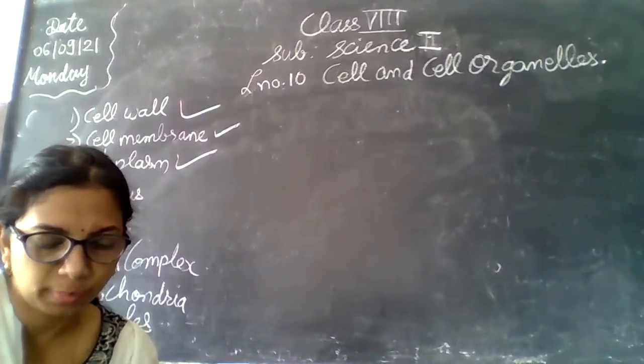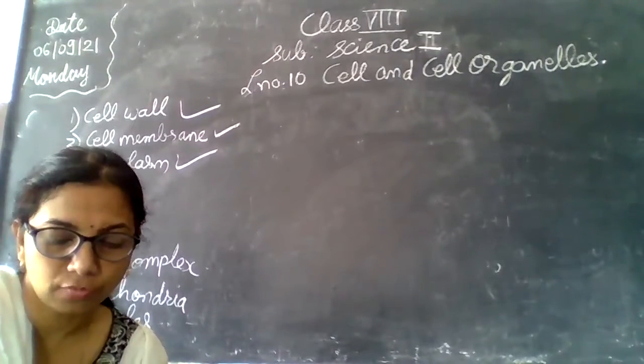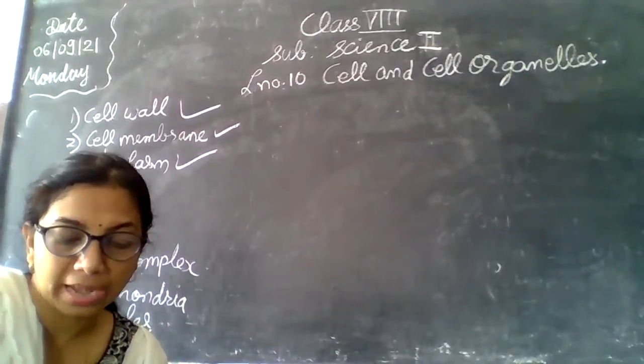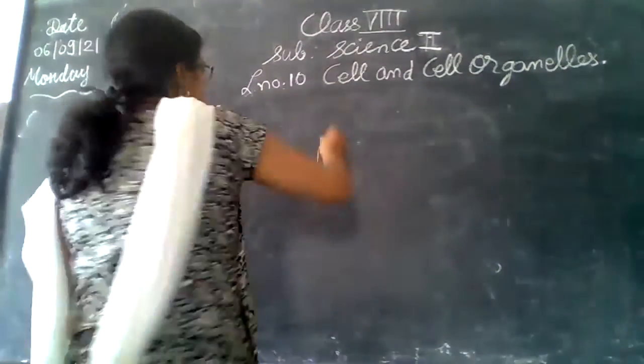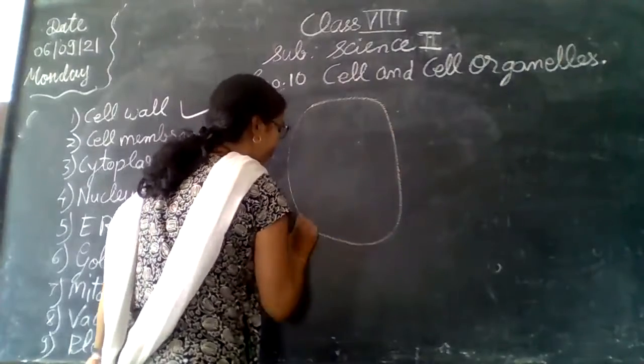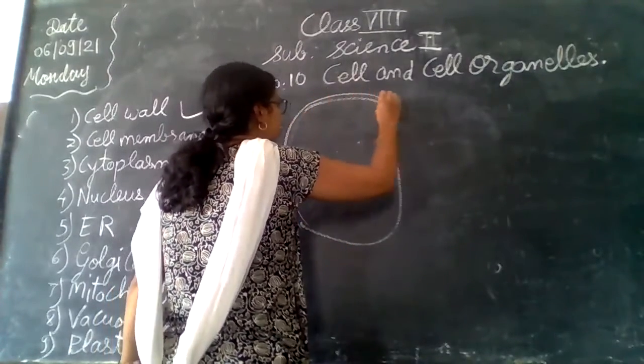So, about cytoplasm, as we all know, inside a cell it is the fluid between the plasma membrane and the nucleus. In any cell, if you consider, this is your plasma membrane.